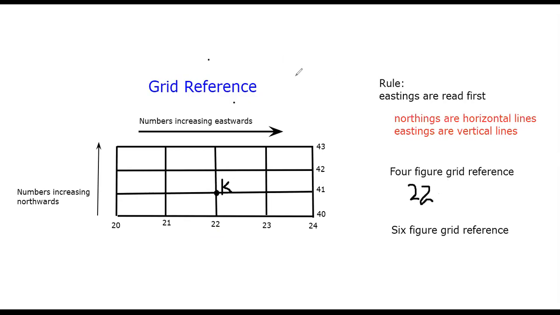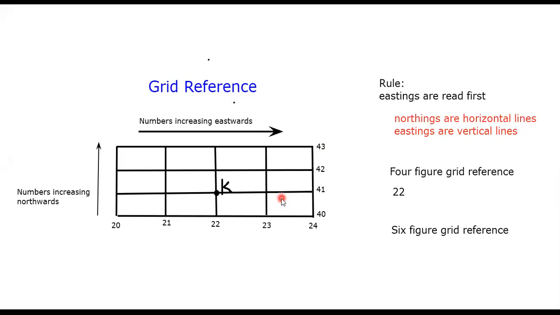Of course we know that it would be at 22. I'm just going to use text here. So it would be 22. Now, looking at this, what would the northing line be?